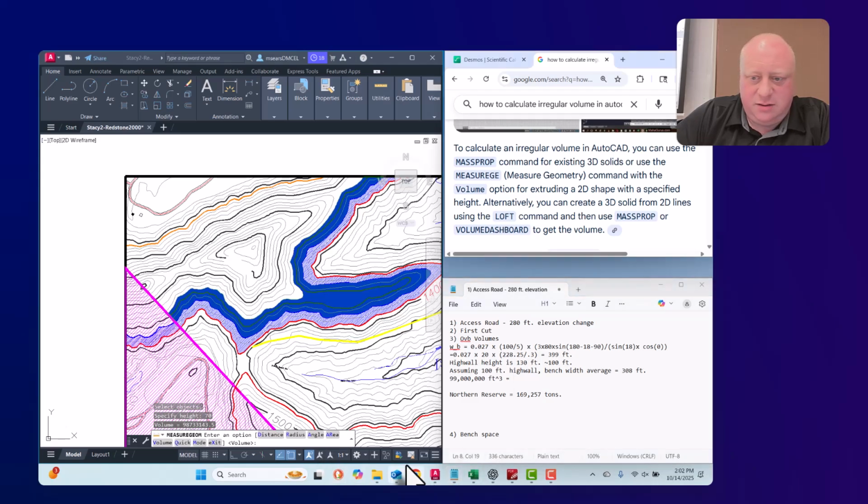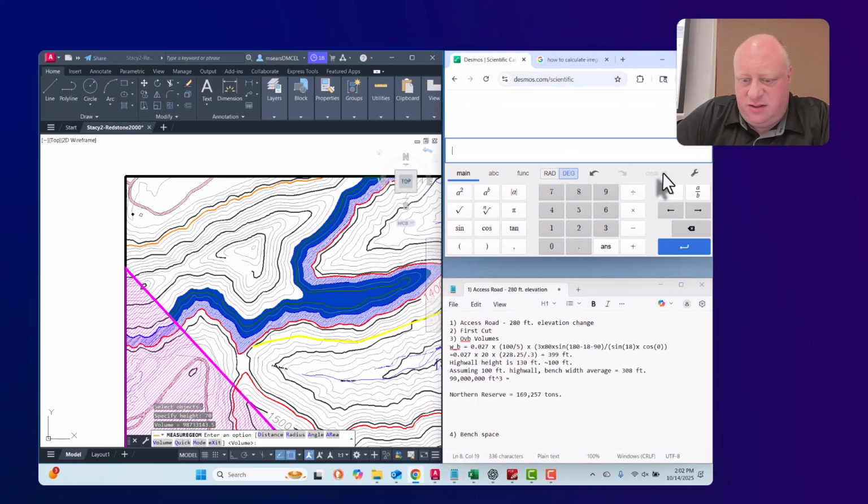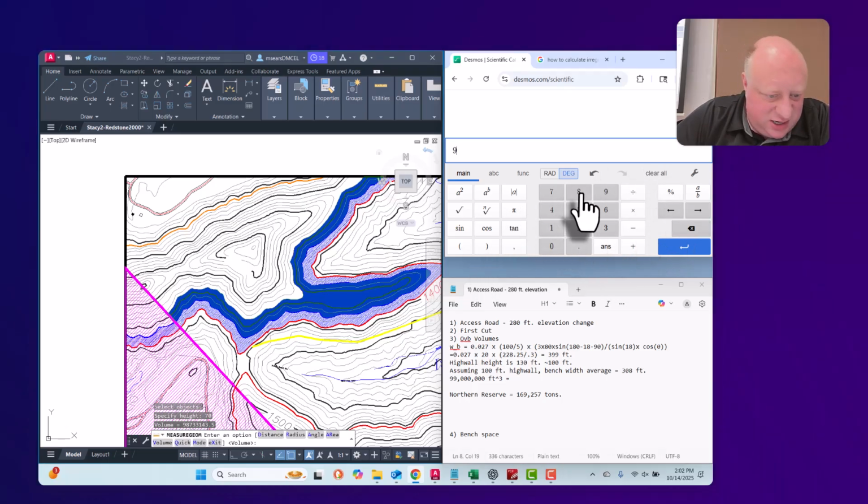Let's get our calculator back out, wherever it went. Oh, there it is. Clear all of that. Let's get that 99 million, or well, we can even put in the whole thing if we want. 987,331 43.5. Sure, let's just do that.